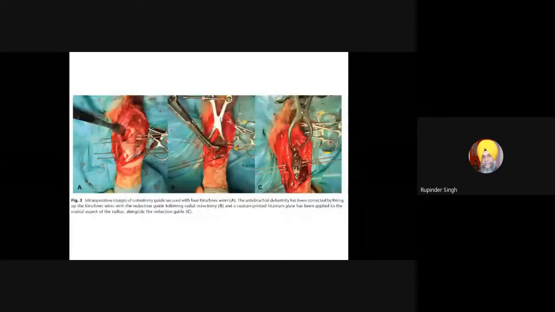Then this is during surgery. They are showing how the piece is removed at the angle. These pins are used as a tool, and the guide helps in the bone to be cut.